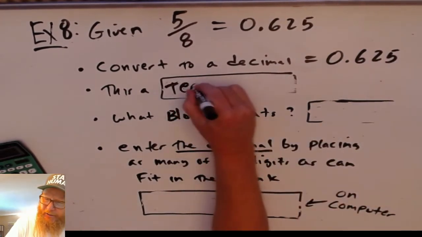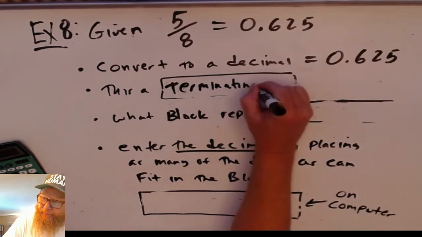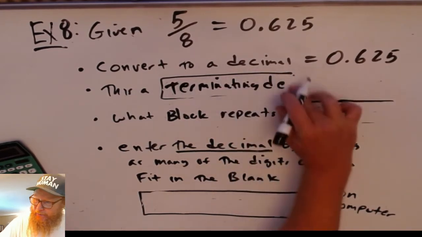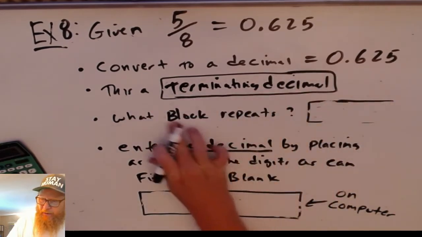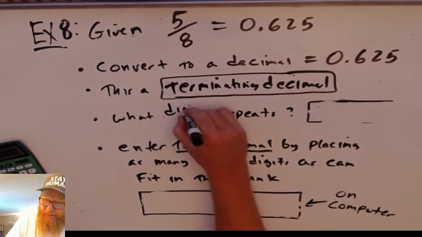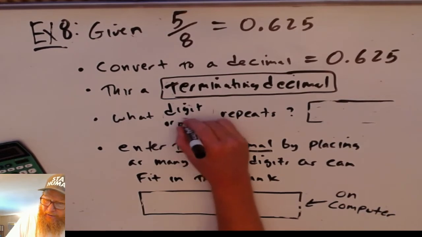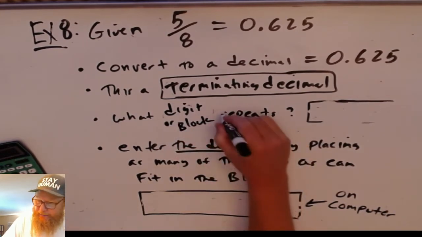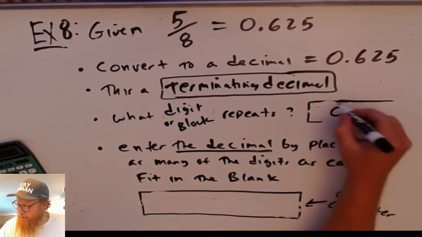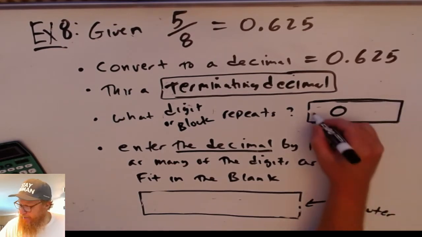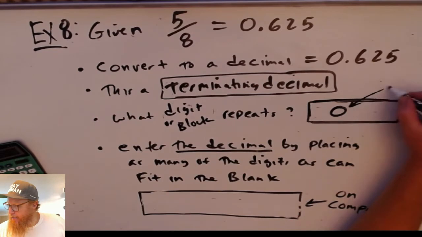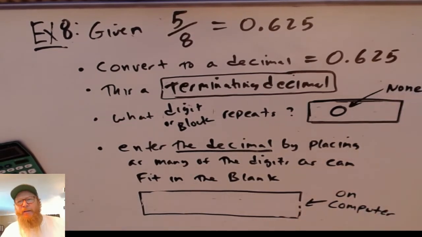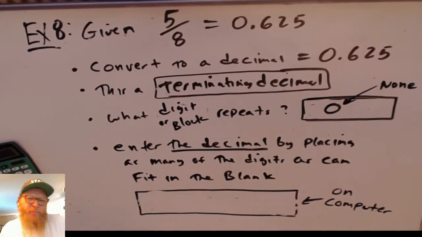So this is a terminating decimal. What digit or block repeats? No digit or block repeats. So just put 0, meaning none. There is no repetition, so just put 0.